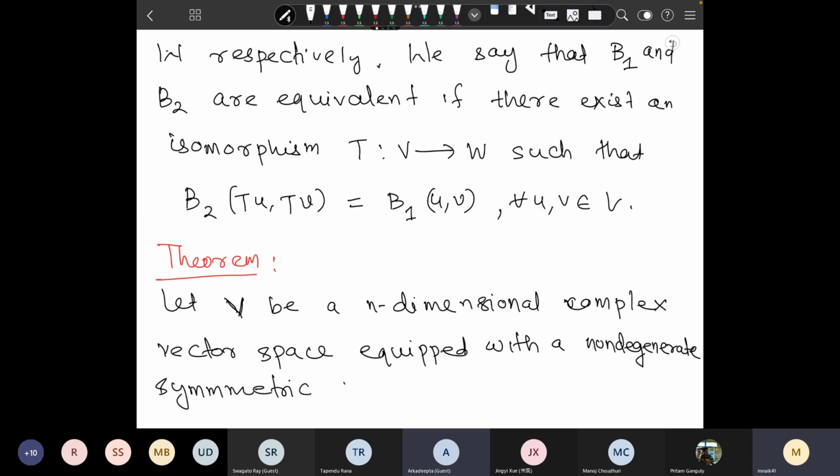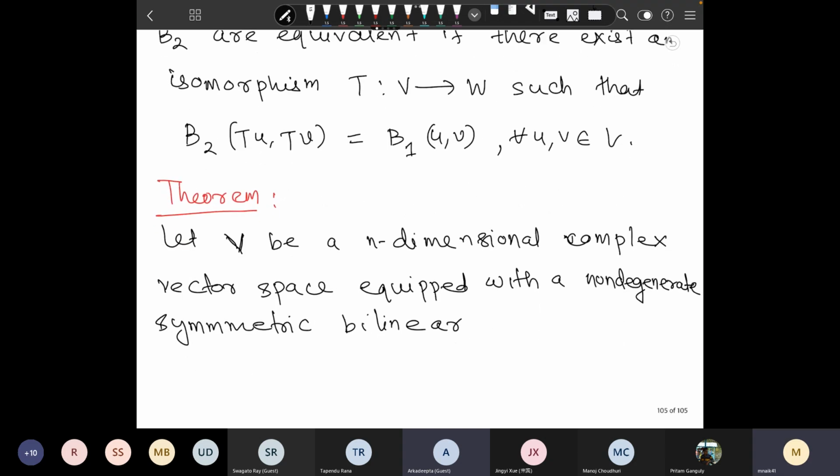Symmetric is important here; if you change this, the story will change.